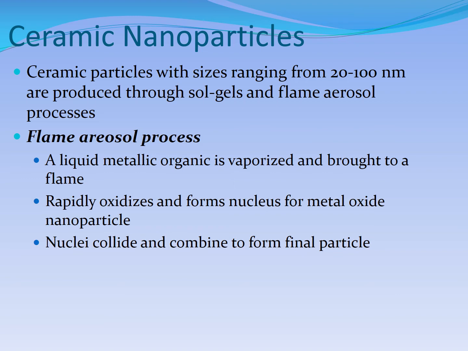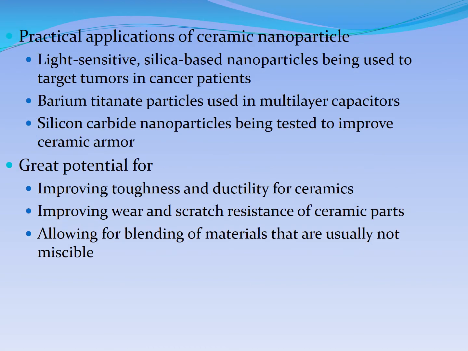But now with nanoparticles, every type of nanotechnology can be used. So the flame aerosol process, a spray and flame. Quickly read it; you will see that this is one type of nanotechnology. Just read through it, and we have done the very basics of it in the earlier material science course.